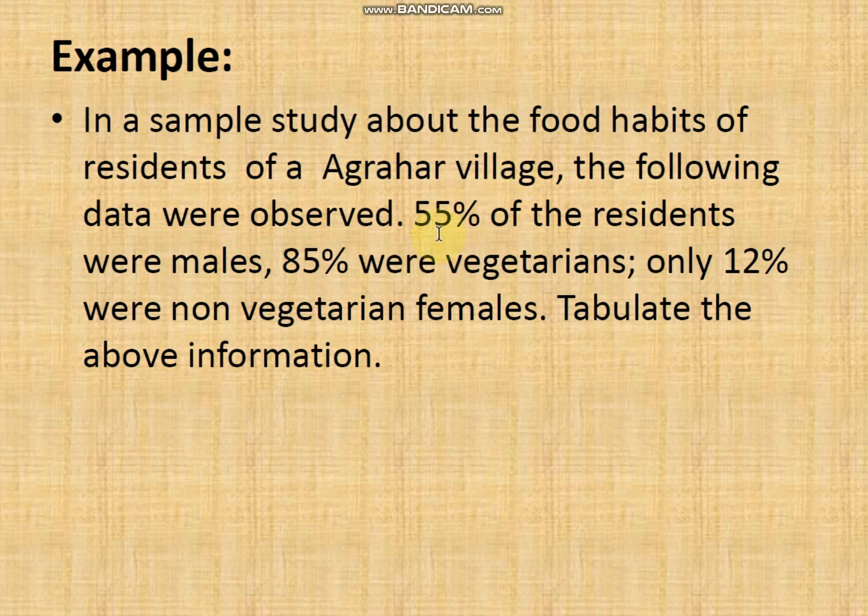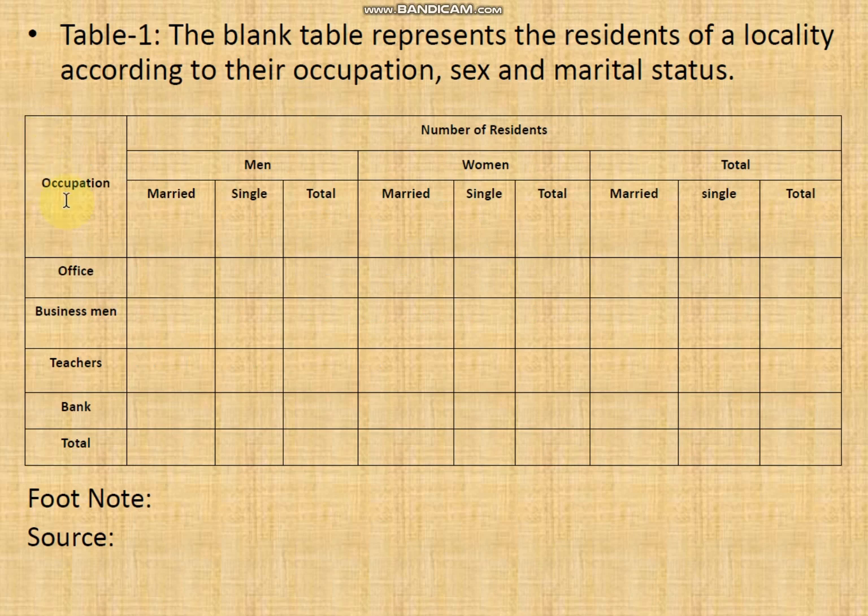In the previous examples, the entities were occupation and gender based, number of residents which is gender based, and again in that we have married and single. Similarly you have to identify such entities here in this example.